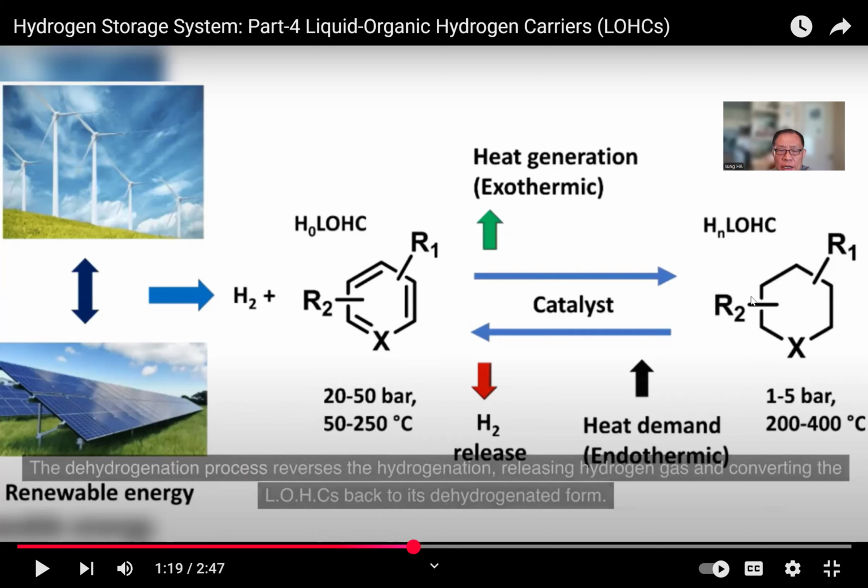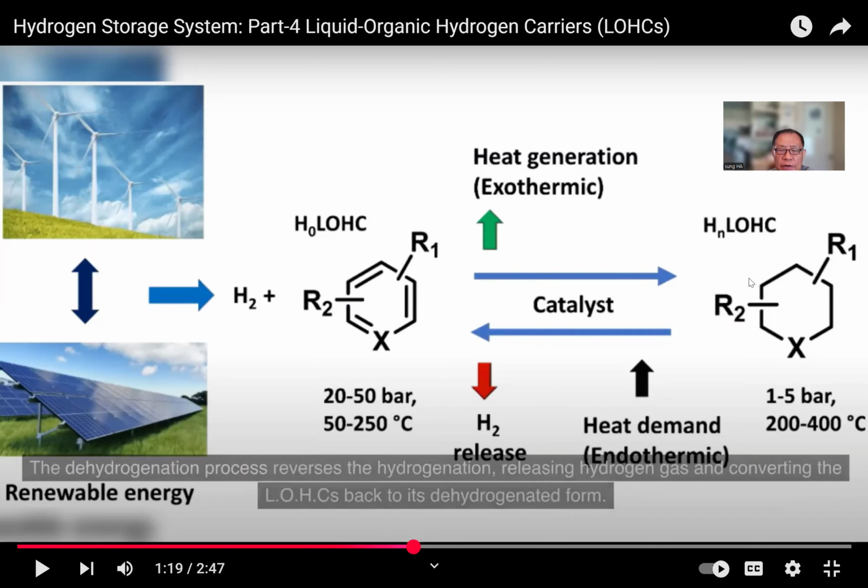Once we chemically combine them, the H-LOHC is at regular pressure, 1 to 5 bar, much safer than high temperature. Now we have to supply heat to release the H2. So when we carry or store, we use the H-LOHC, and whenever we need H2 back, we add heat here.